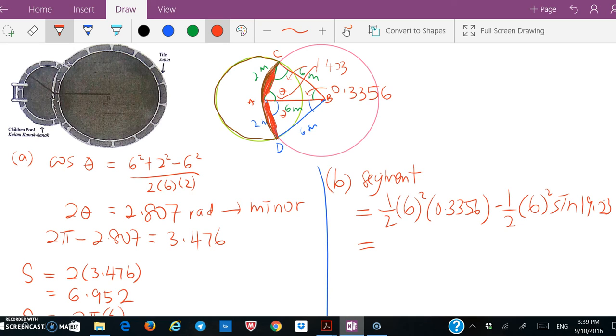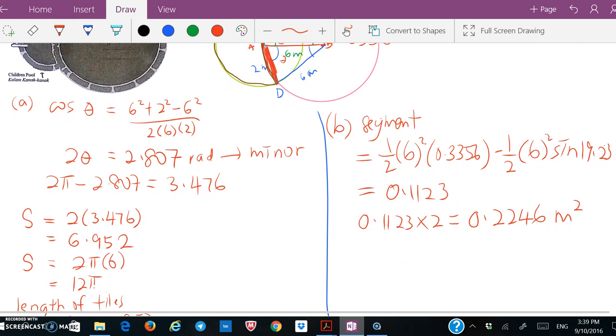Okay, the segment is 0.1123. And then since we have two segments, 0.1123 must be times 2. So it is 0.2246 meter squared.